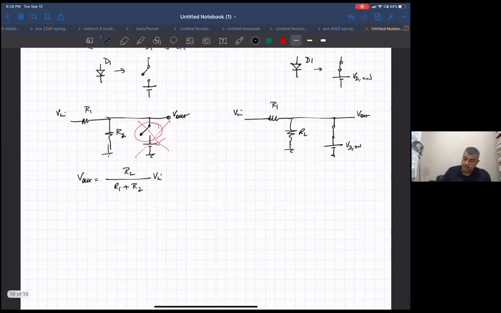Okay, so this is interesting. Now we shorted V out to this battery. So we have two things trying to drive V out. One of them is the battery, VD on, and the other one is Vn. Notice that we have a resistor in series with Vn, whereas we're directly connected to VD on.